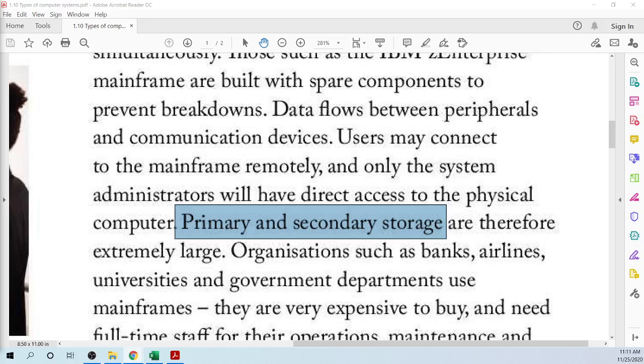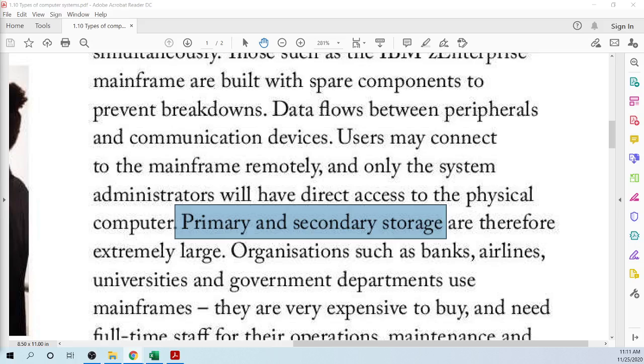Sir, primary secondary storage is like the physical flash drive or SD card. Primary storage is like RAM and ROM, main memory, while the secondary storage saves programs and data permanently.